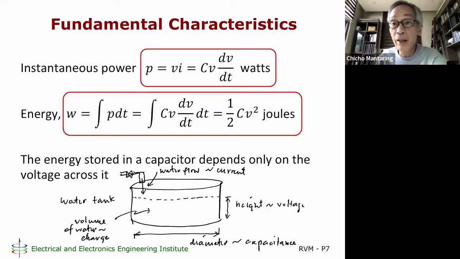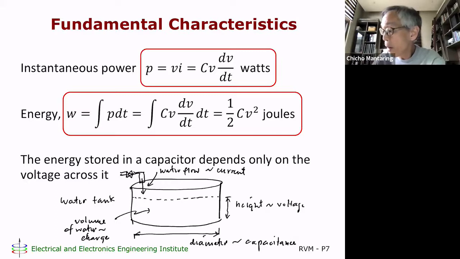What is current? Current is the rate at which charges flow. So if there's water flow, meaning there's current, the total charge inside the tank increases. If there is water flow, the height will change. If the height is not changing, that means your water flow is equal to 0.